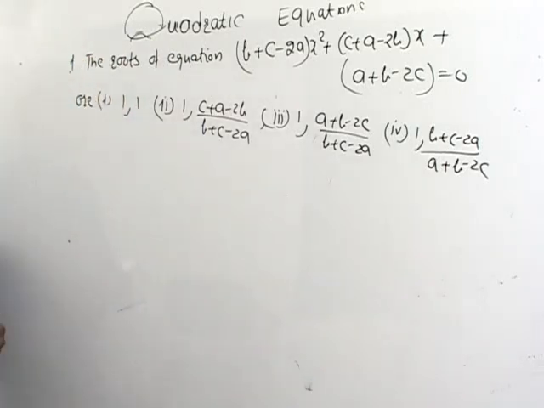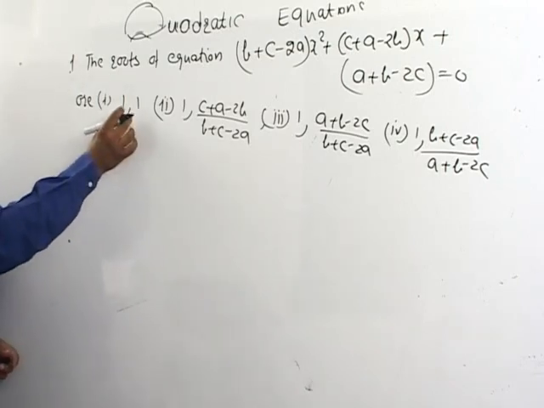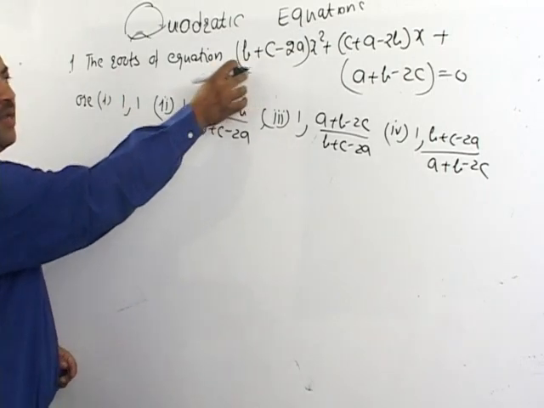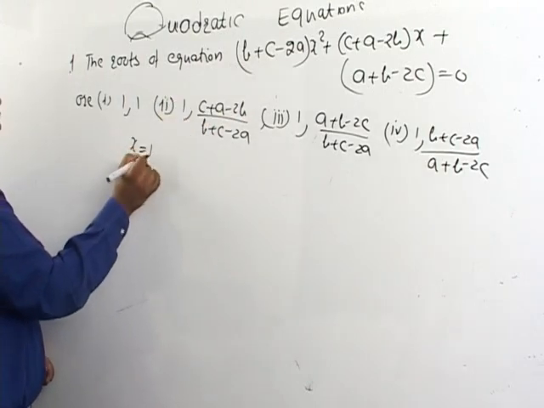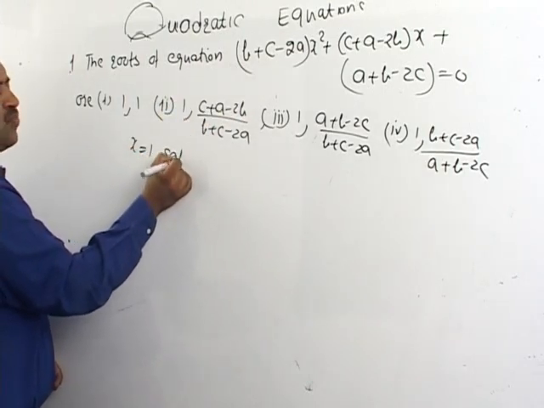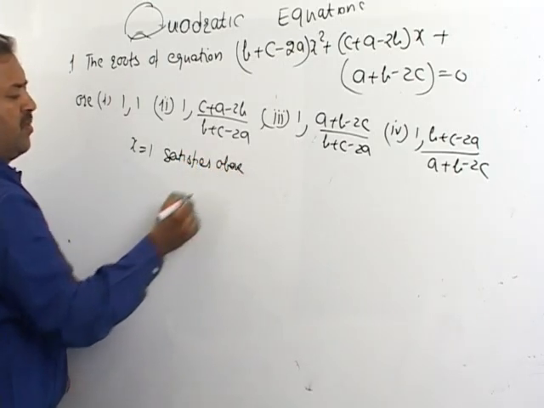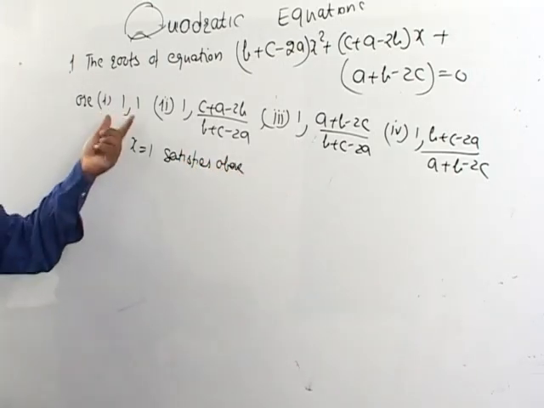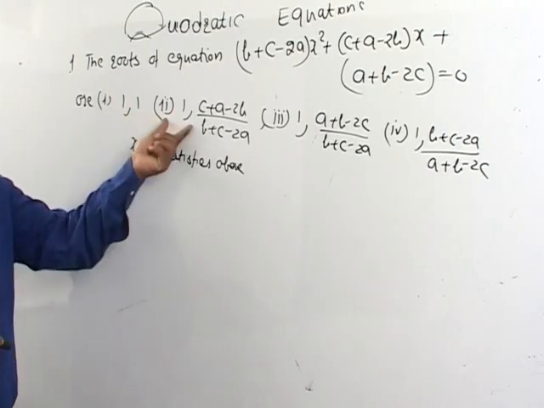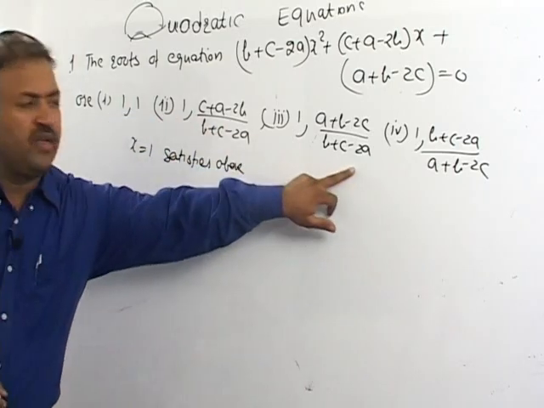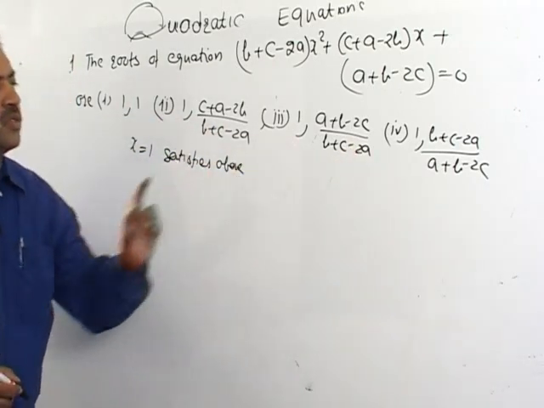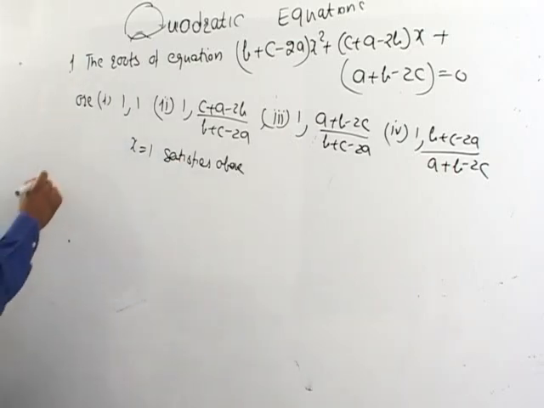As we won't be able to apply the shortcut, one method we know is to directly substitute values; x is equal to 1 satisfies the above. But we won't be able to say which is the right option because 1 is in every option. So there is a shortcut for this.